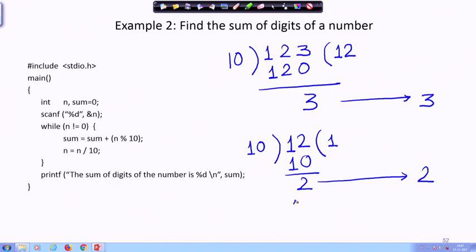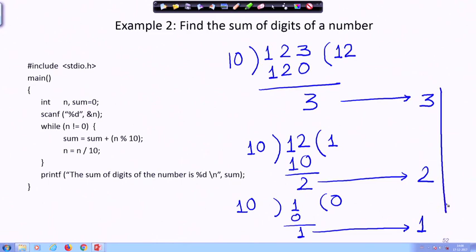So, next I take 1 and divide it by 10, the quotient is 0 and the remainder is 1. So, you see I have got all the digits from the right hand side one after another, right. So, I can add them. Okay. That is my basic way.